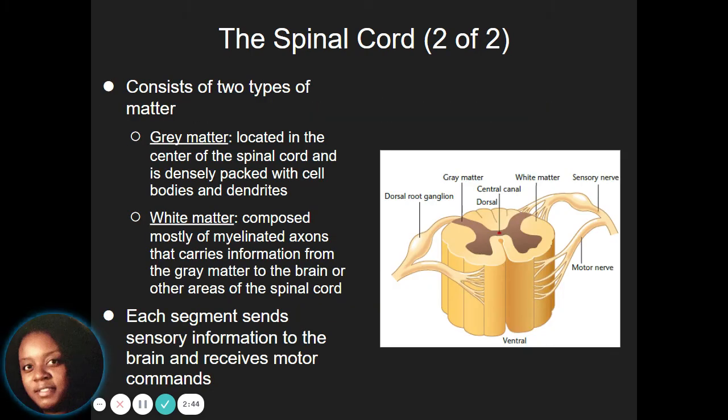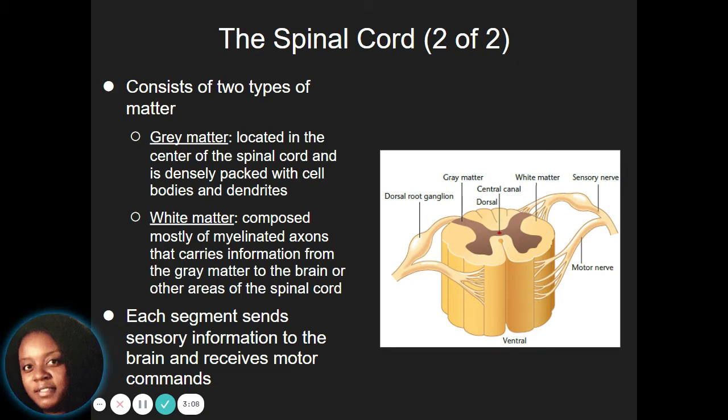There are two types of matter that exist in the spinal cord. There's gray matter and white matter. Gray matter here is the brown part, white matter here is the yellow part. Your gray matter is located in the center of the spinal cord. It's densely packed together with different cell bodies and dendrites.